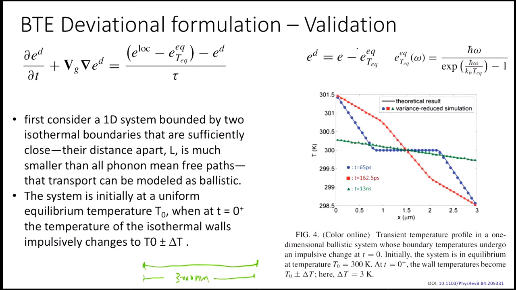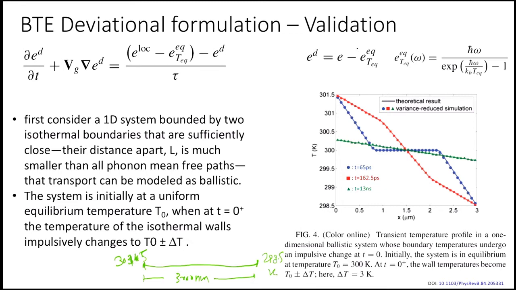At the left end, immediately after t equal to 0, we set the wall temperature to 301.5 and 298.5 Kelvin. Imagine this is a ballistic condition, so the walls are sufficiently close.